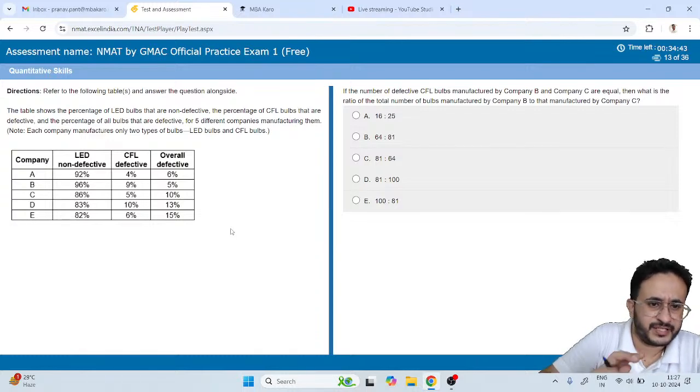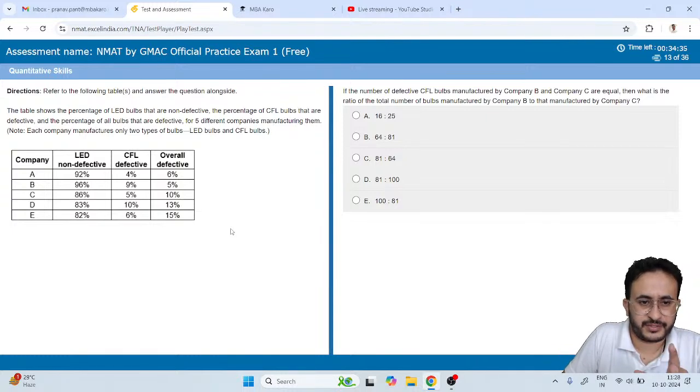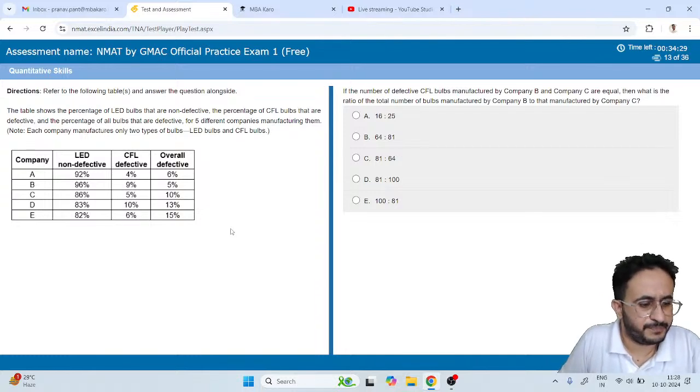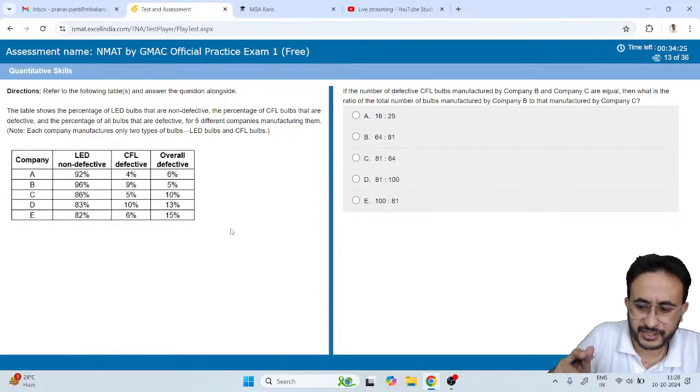So that means B and C defective is same. So that means they will produce 5 and 9 respectively, right? 5:9. Defective is same of total. So let's say the totals are 100x and 100y. So 9x is equal to 5y. So the ratio is 5:9. So B and C produce 5:9.